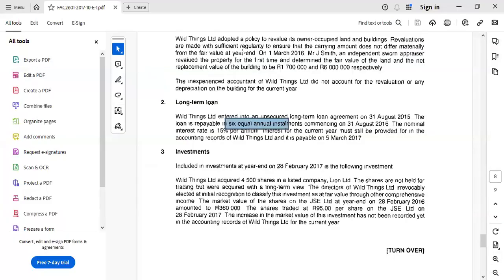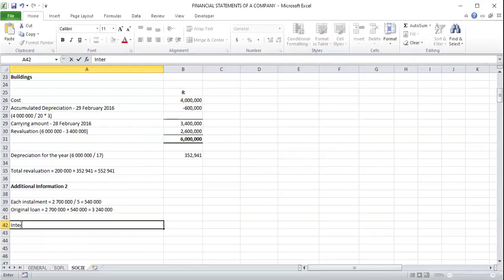Remember that our interest rate is 15%. So our interest for the first 6 months, from March up to August, will be 15% multiplied by the original loan, which was 3,240,000, because by then they had not yet paid the first installment, multiplied by 6 divided by 12.